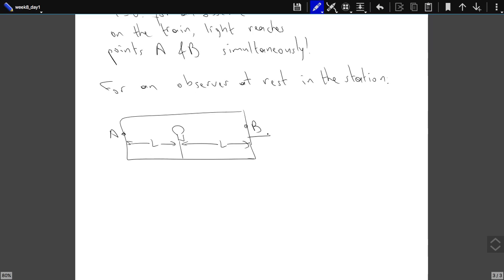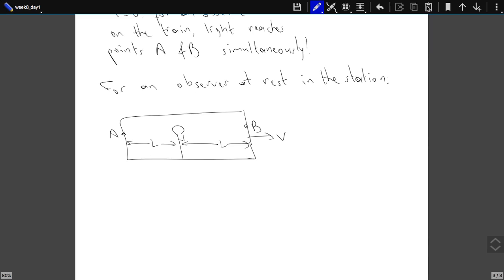Of course, now it will be moving with some velocity v relative to the station. Now, if, let's say, at the time t equal to 0, the light bulb starts emitting light, it will take a finite amount of time for the light to reach the point A and point B.